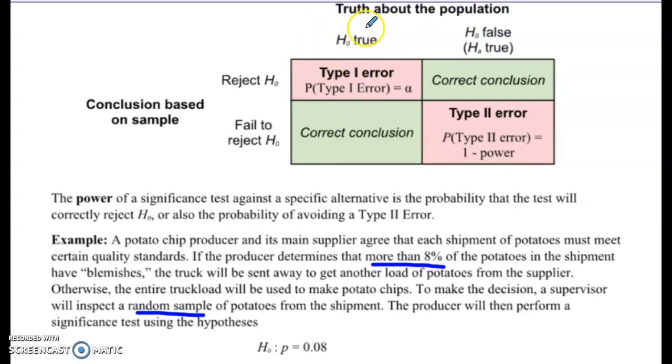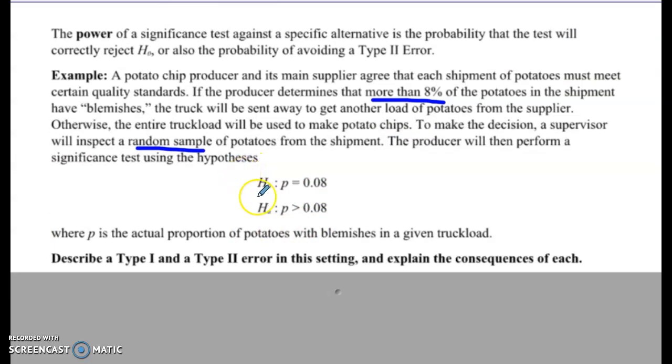That means the null was true, but we rejected it. So here, we would have rejected this when it was true, meaning 8% of the potatoes had blemishes, but we decided that more than 8% had blemishes. A consequence of this with these potato chips is they wasted good potatoes.